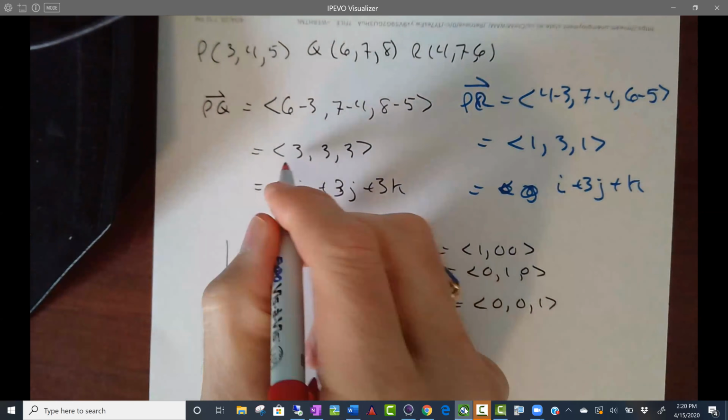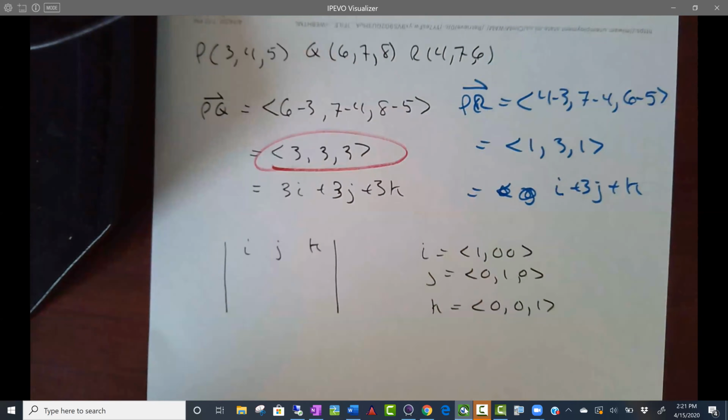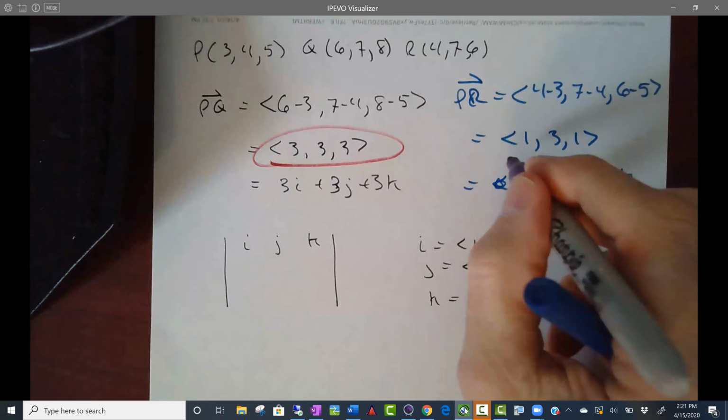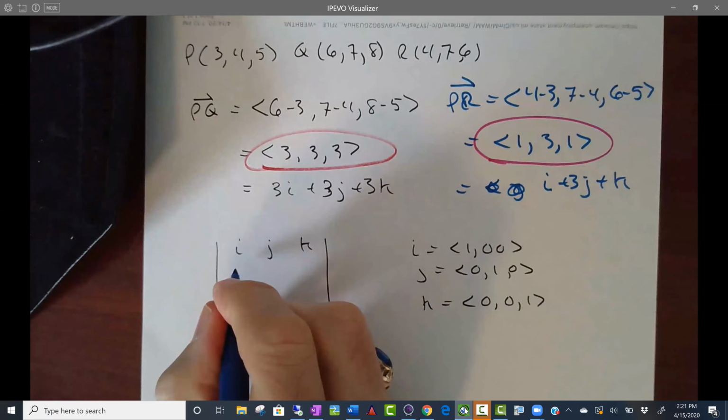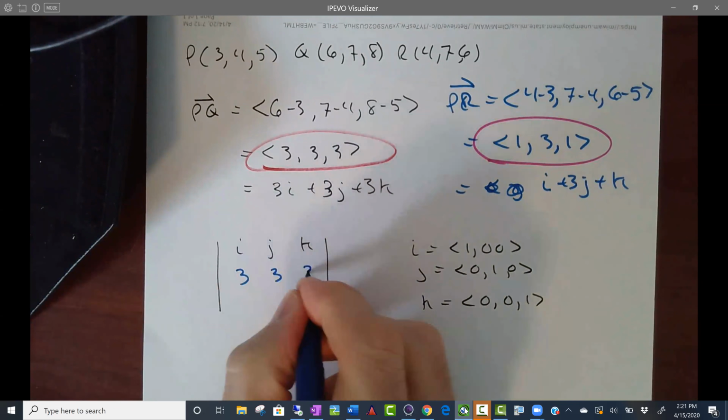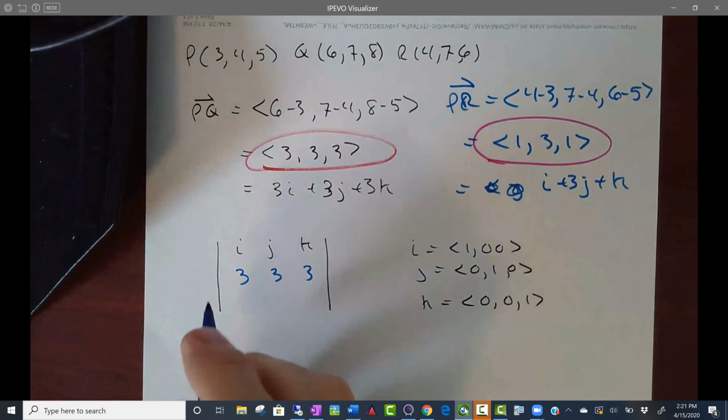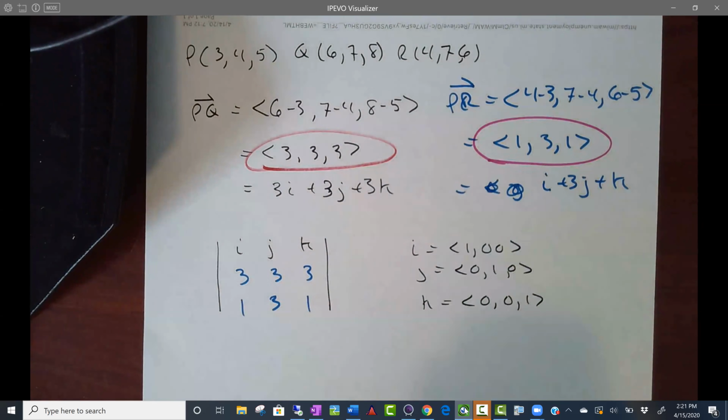So the 2 vectors would be this one here and this one here. So let me put in a 3, 3, 3 here, and then a 1, 3, 1 here.